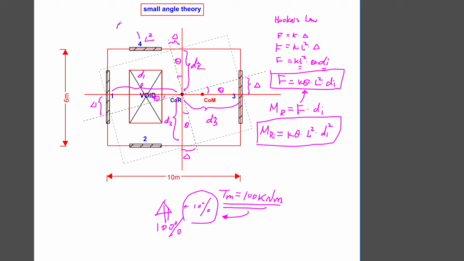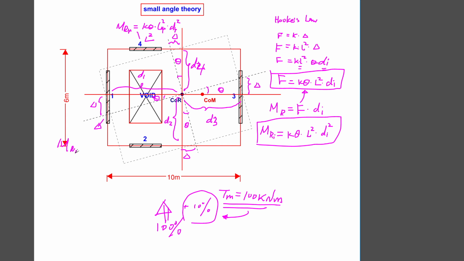Let's say wall 4. So we have our Mr4, which is equal to k theta times L4 squared times D4 squared. So this is my wall 4 resisting moment. Similarly, we can get my wall 1.